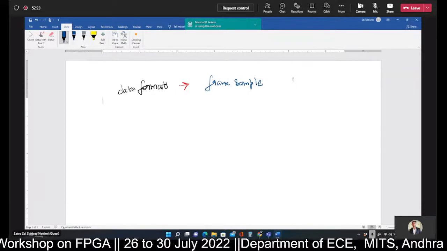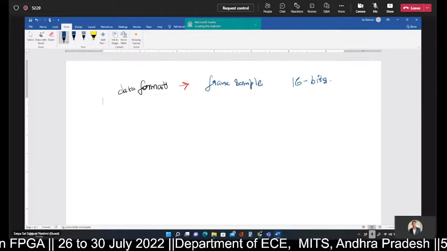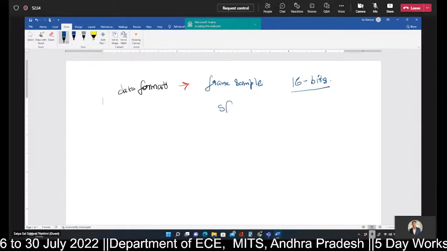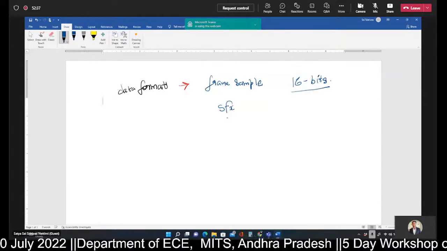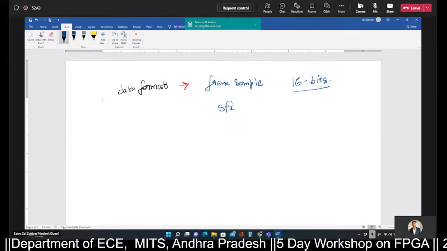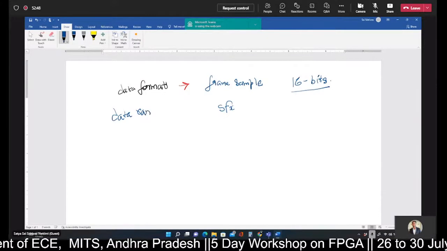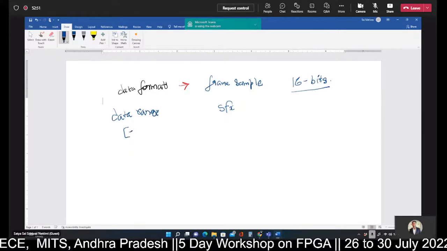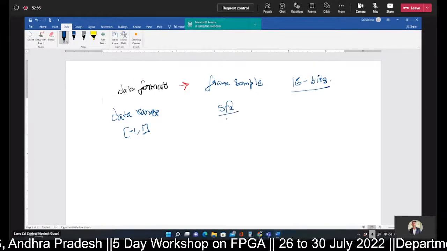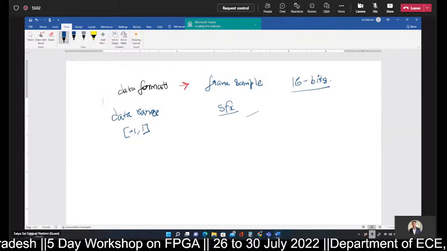So all the frame samples are of 16 bits, and these samples are represented in signed fixed point format. I will tell you what is signed fixed point format. As of now, each signal sample is represented in 16 bits, and the data range varies from -1 to +1, and each sample is represented with signed fixed point data.